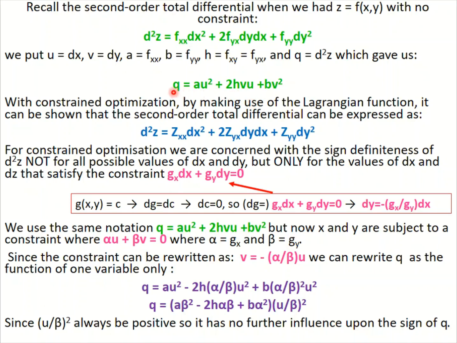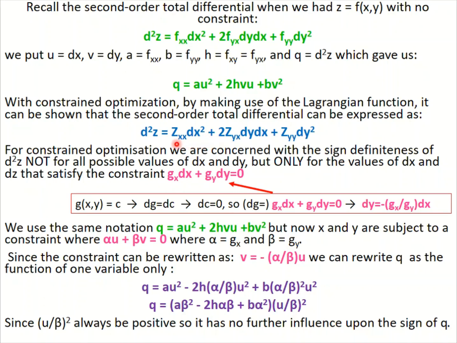Now, with constrained optimization, which we are focusing on in this topic, and by making use of the Lagrangian function, we can show that the second order total differential can be expressed as follows. Okay, so we're not going to go through this entire calculation, but we can take it as a given at this point that the second order total differential working with constrained optimization will look like this.